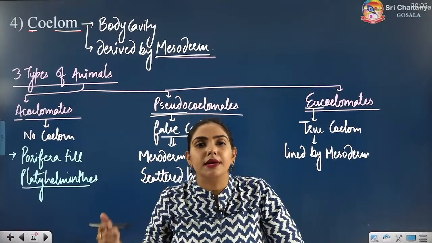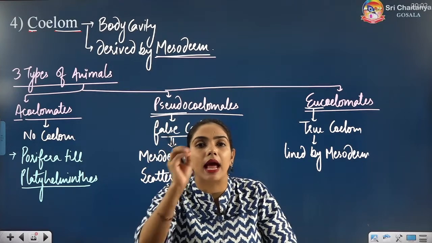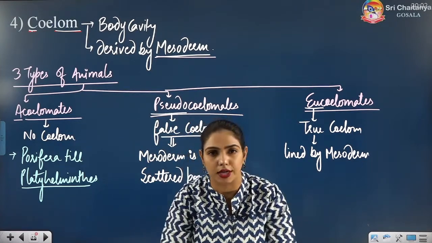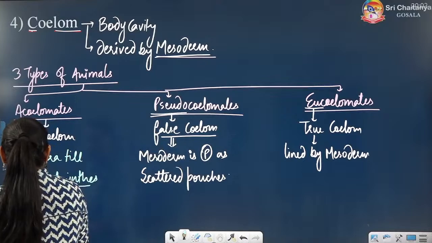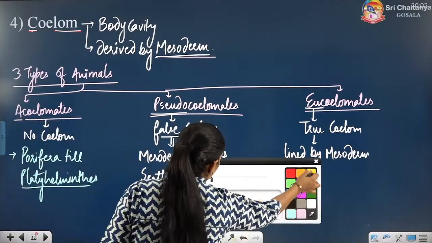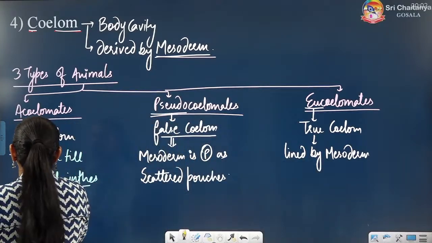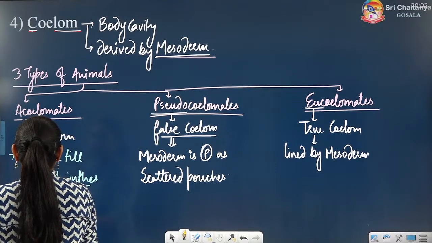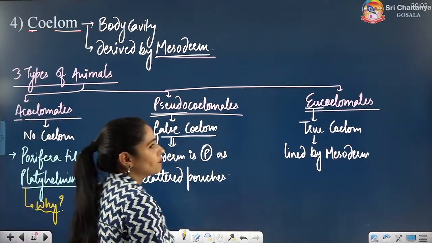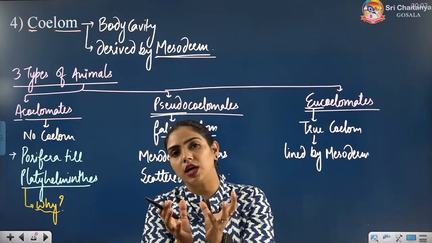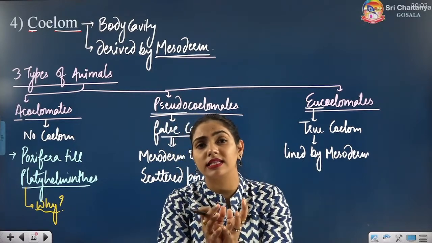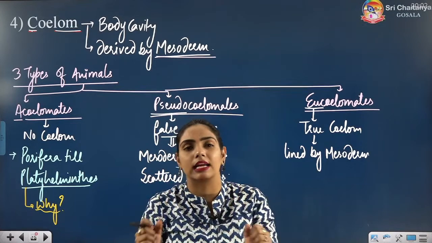What is the reason behind not having coelom in Platyhelminthes? This is the important question. Because if you see the mesodermal cells in Platyhelminthes, they are very, very compactly packed.